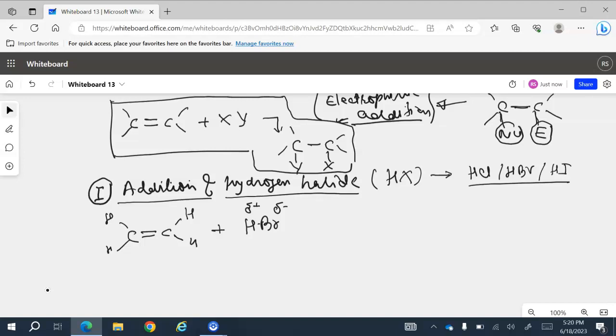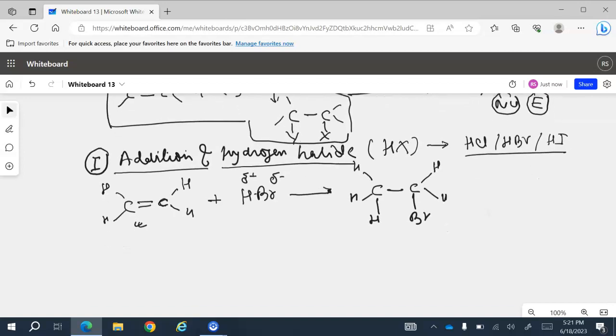As we discussed previously, the hydrogen will add to one carbon and bromine will add to the other carbon. Since this alkene is symmetrical, whichever carbon you add hydrogen to, you will have the same result. The carbon-carbon double bond converts into a single bond, with hydrogen added to one carbon and bromine to the other.